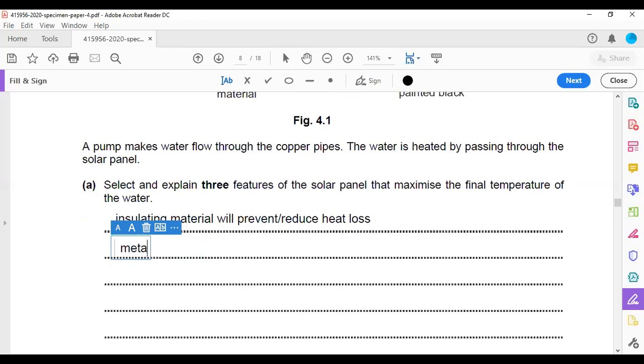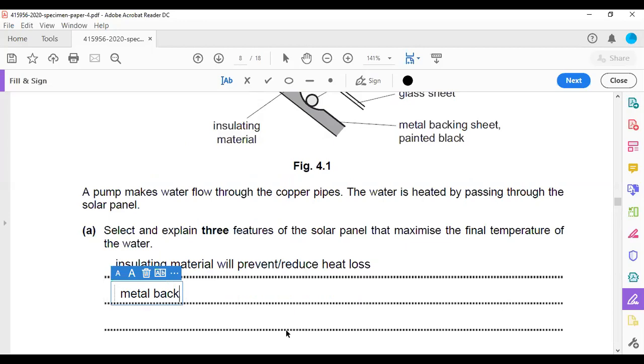The metal backing. Right, good, excellent. To take in heat, or to absorb heat. So the metal backing sheet is painted black so as to absorb most heat.